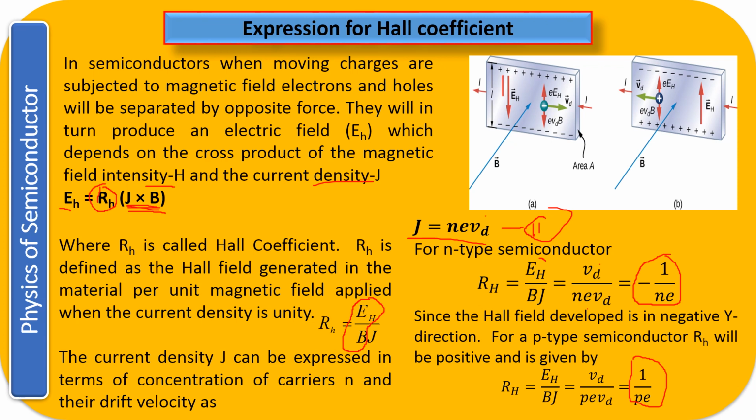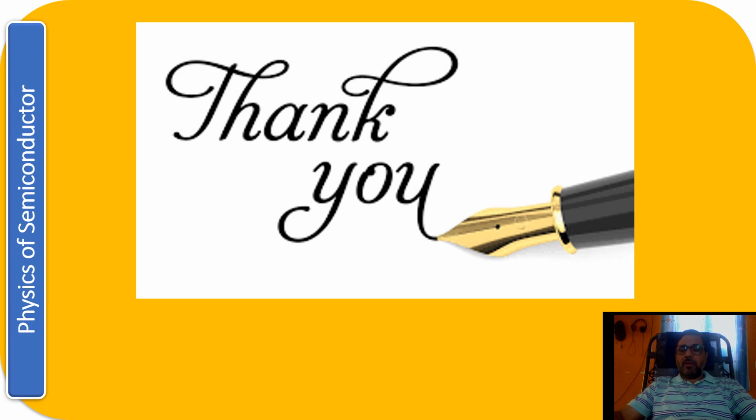Now let us see what we have discussed. I have summarized the same thing in my next slide. The Hall effect can be used to directly calculate the number of charge carriers available in the specimen, whether it is a conductor or a semiconductor, intrinsic or extrinsic.